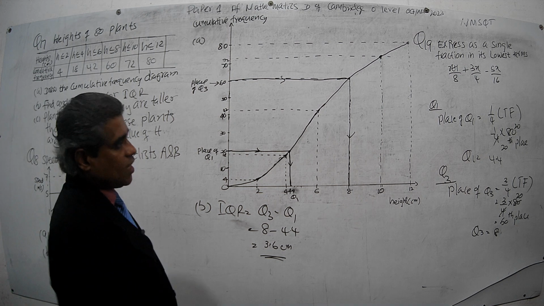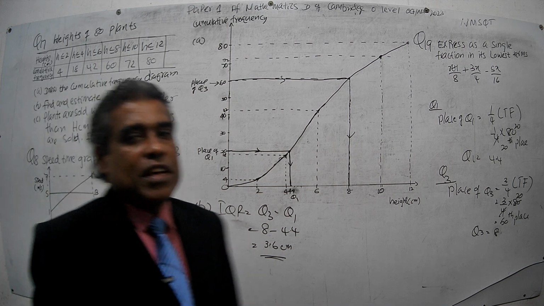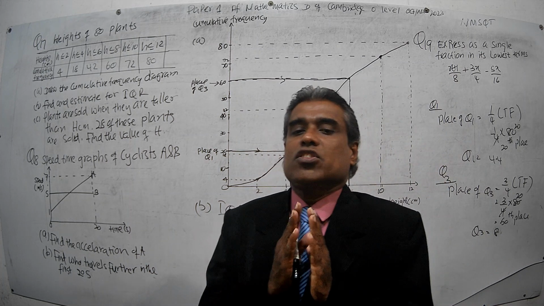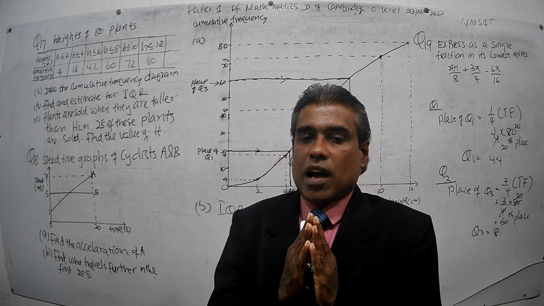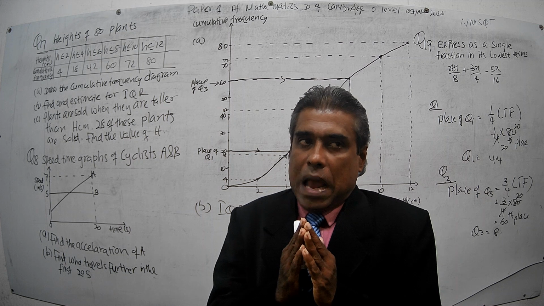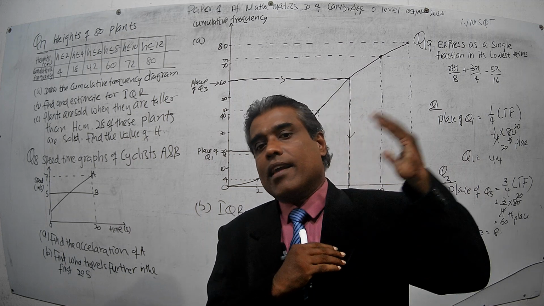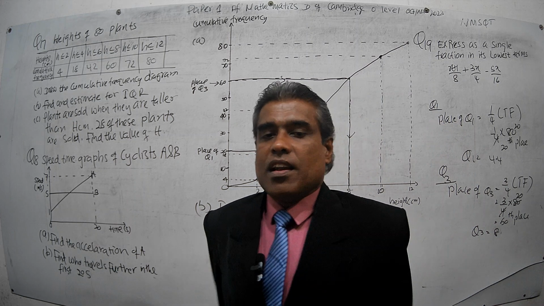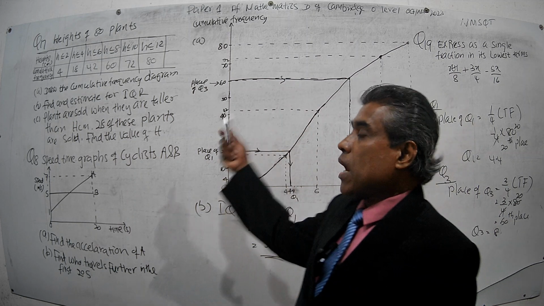Now they say that plants are sold when they are taller than H centimeters. There's a particular height level. When the plants grow beyond that level, then they are sold. Now they said they have sold 28 plants like that.